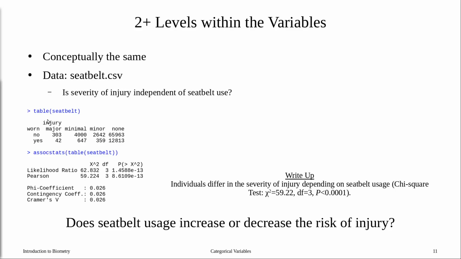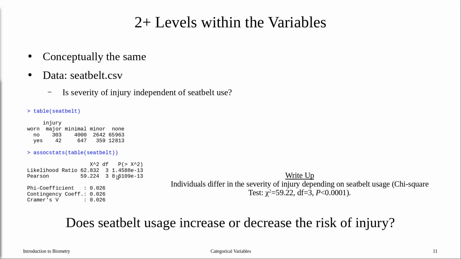Does it matter which one we use, chi-square or G-test? Not really. We can use assocstats to generate our chi-square, 59.22, or our G, 62.83. In both cases, you should see that we have a small p-value.